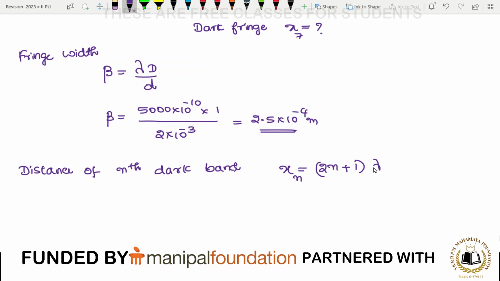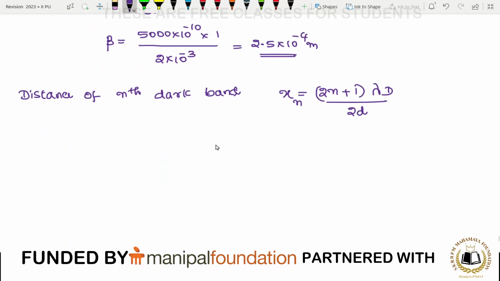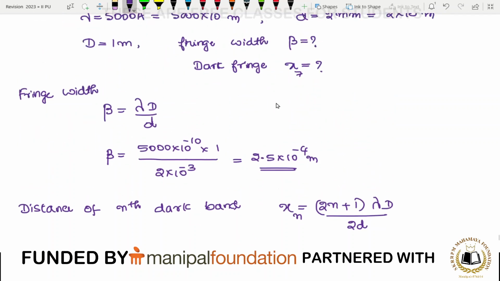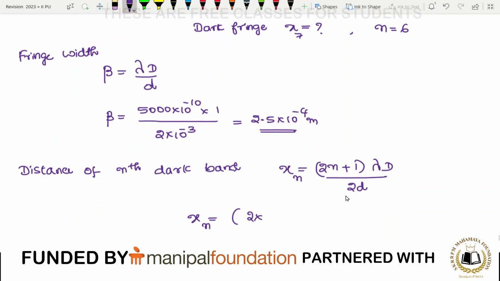So the formula now. What is the n value here? Since we use the formula 2n plus 1, the n value is 1 less, so we take 6. When you take 2n plus 1, our first odd number is 1. To get 1, the n value should be 0. Like that you have to count. The seventh one becomes 6.